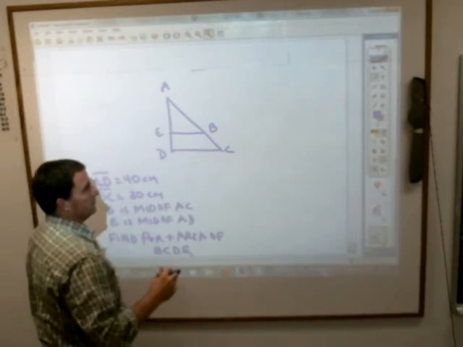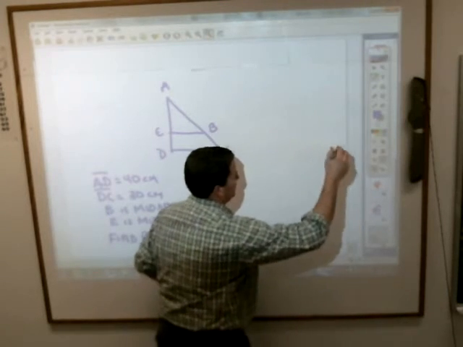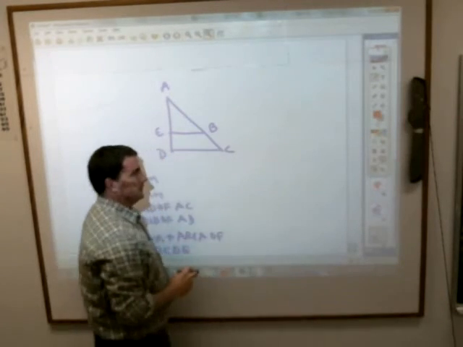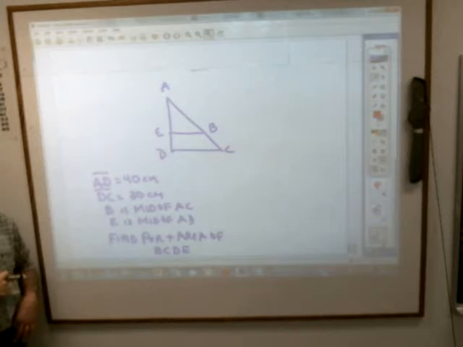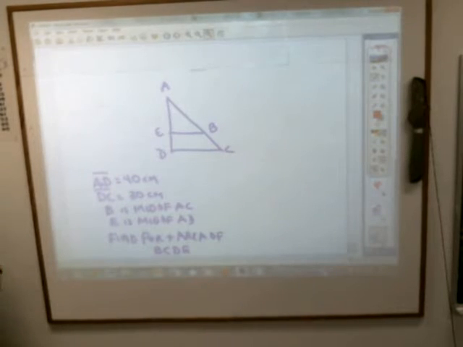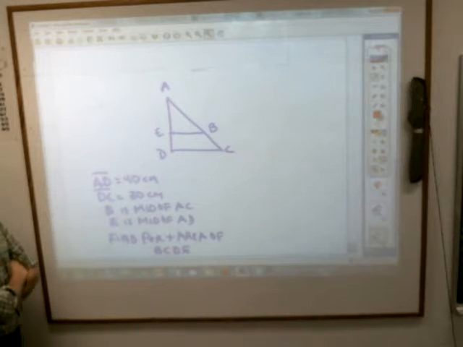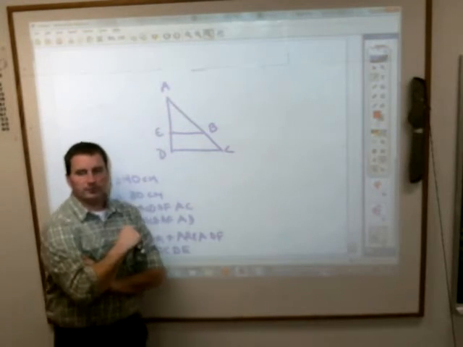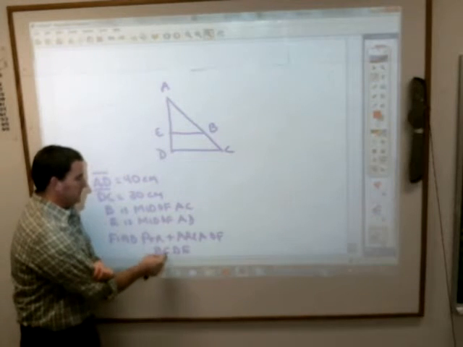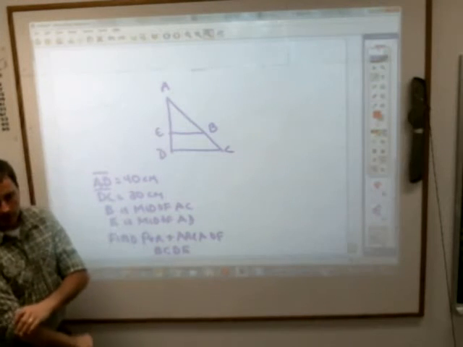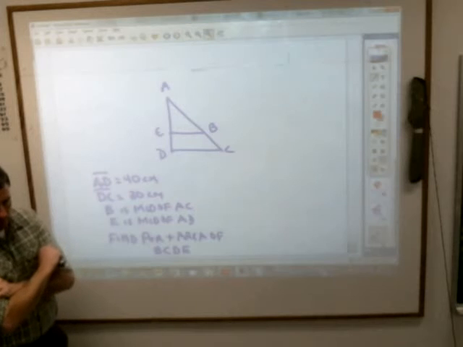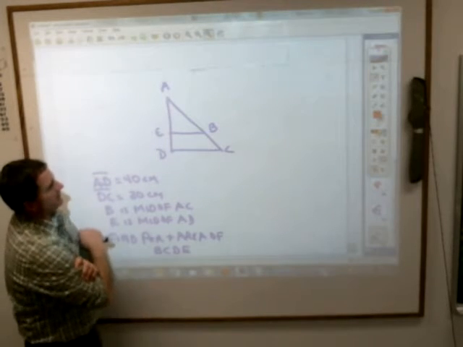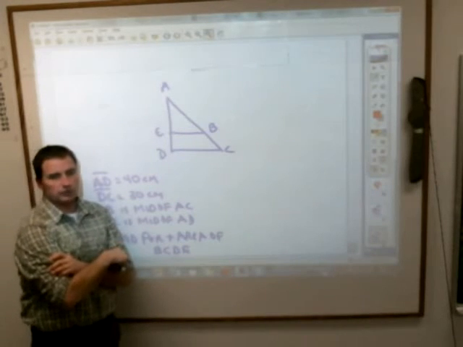I don't know how in the world anyone would do this without writing this down on their paper. Let's start with, what are they asking me to find? What shape am I looking to find the area and perimeter of? What is shape BCDE? That's not a rectangle. Rectangles have 4 right angles.